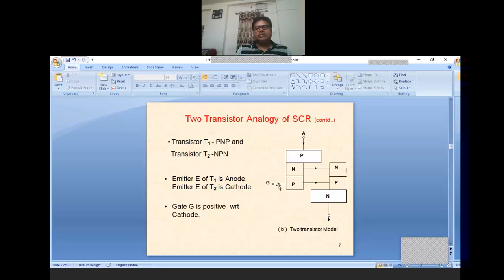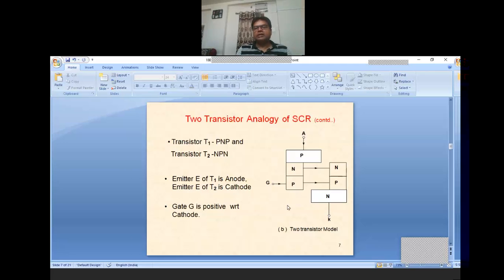And for main use of the SCR, to compare the working of the SCR with the two transistor analogy, we will be considering gate G to be positive with respect to the cathode. When it comes to the transistor T1 PNP, the emitter of T1 is the anode and emitter of T2 is the cathode.